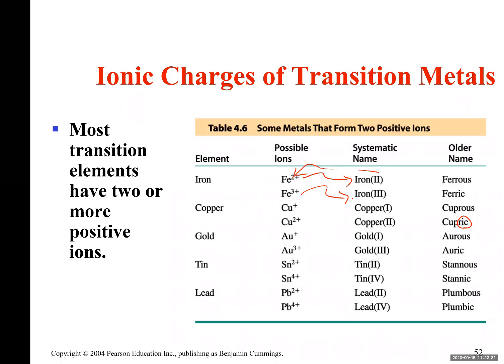And here iron(III) for +3 charge, copper(I), copper(II), gold(I), gold(III). So by using a Roman numeral, you know you're dealing with the higher charge or lower charge, and exactly what is the lower charge of iron, which is 2. But in the case of copper, the lower charge is 1.